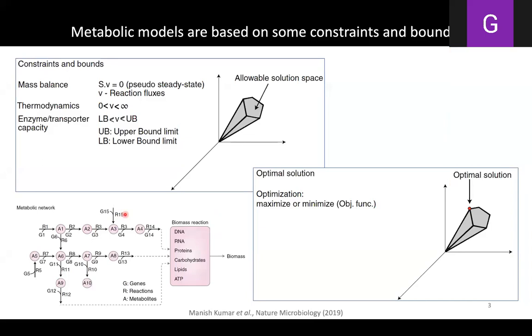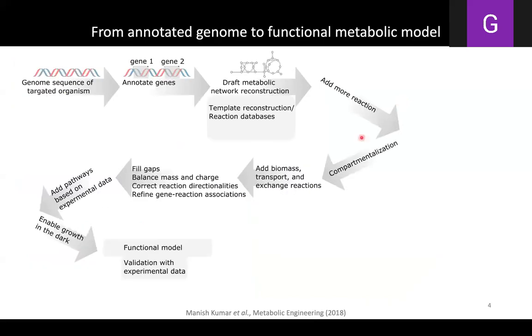And further, if we see how we reconstruct this model, in this reconstruction process, we start with the genome sequencing and annotation. Once we identify metabolic genes in the genome, we map these genes to reaction databases to assemble all relevant reactions.